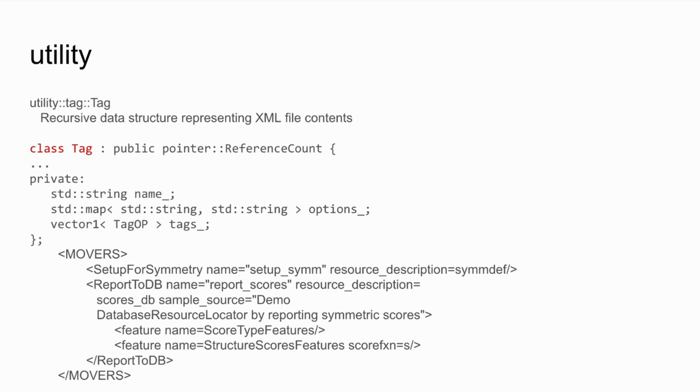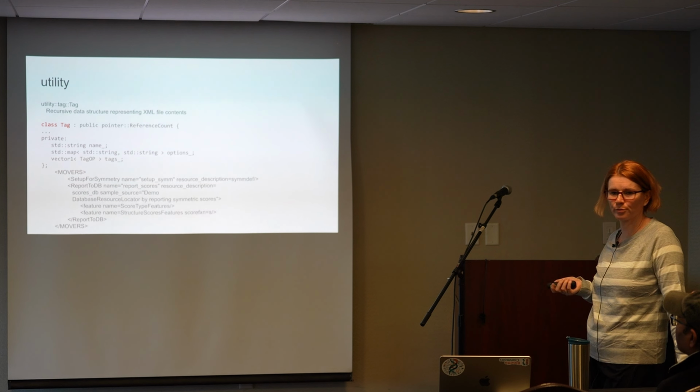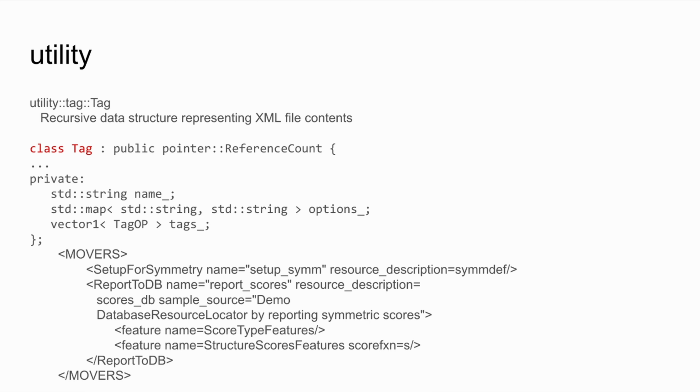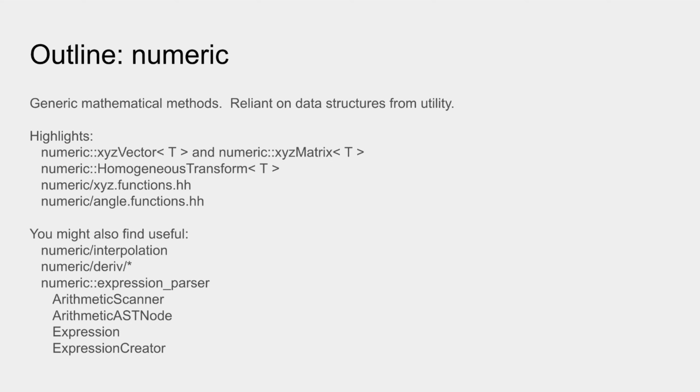You have the map of a standard string and string, basically the options of the tags. And then you have the vector1 of tag OPs that are basically the tags themselves. The tags are these names in Rosetta scripts. You've probably seen them before, I would imagine. So a class tag is implemented in utility.